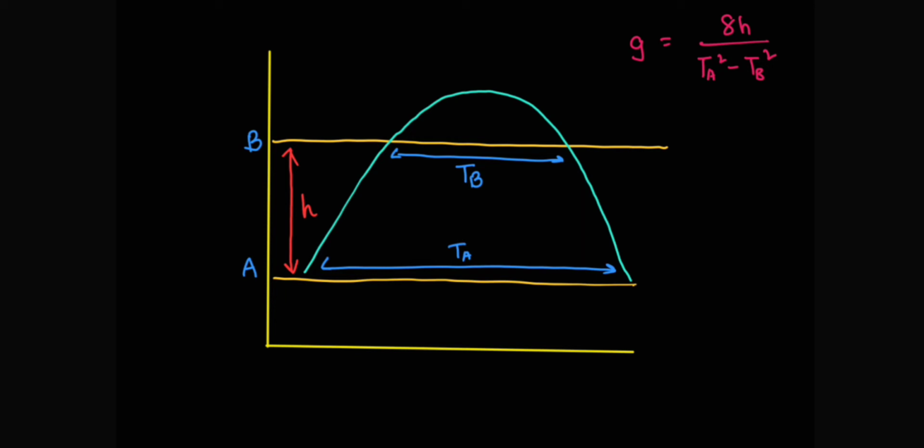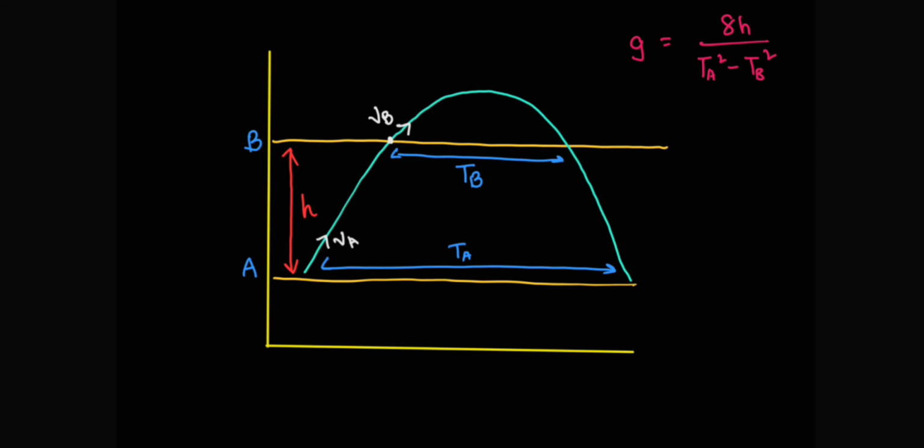Okay, so let's say that the initial velocity of the object when launched from point A is basically VA. And when it reaches point B, the velocity of the object over here, let's say this is VB.